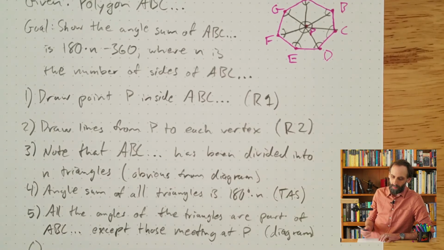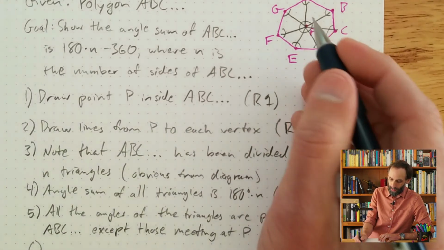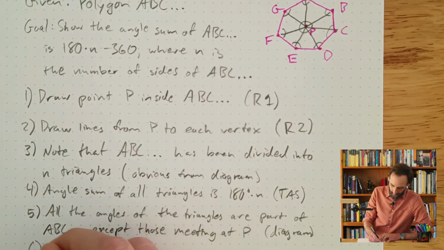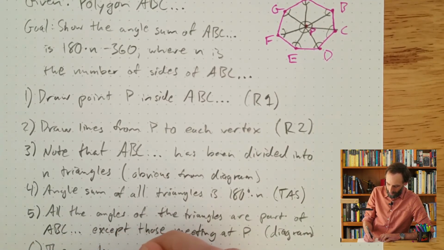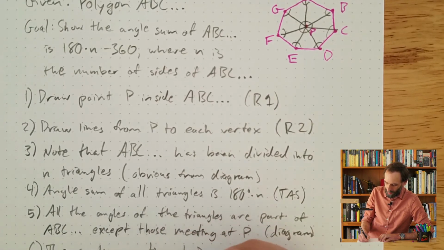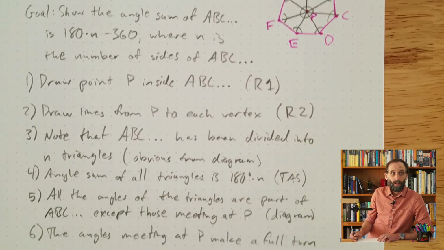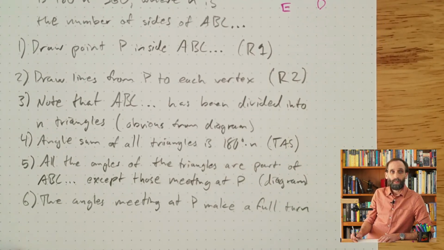Okay, so let's say step 6. The angles meeting at the point P make a full circle. So the angles meeting at P, I'll say, make a full turn. Oops, you can't even see what I'm writing there.